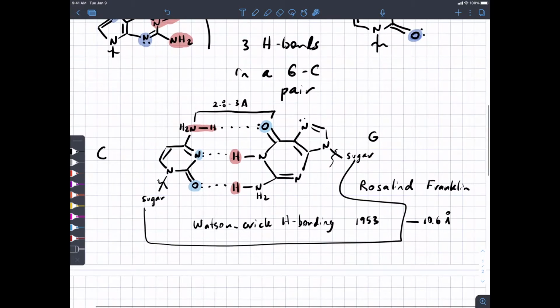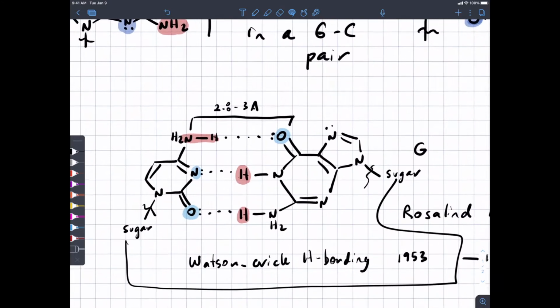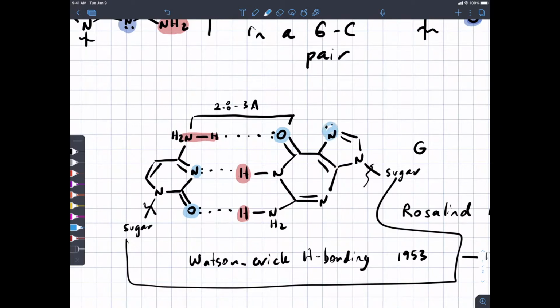So you could imagine that a transcription factor that bound in the major groove might be able to see the other lone pair on this oxygen, the other amino group hydrogens here, and the lone pair on this ring nitrogen, whereas transcription factors that bound in the minor groove might see this nitrogen, the other lone pair on this oxygen, and then the other hydrogens on this nitrogen.